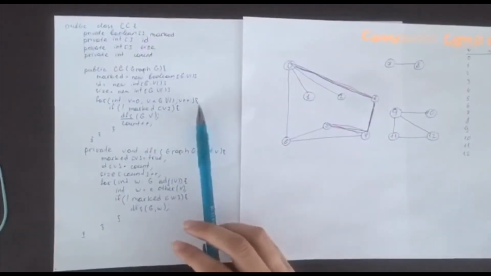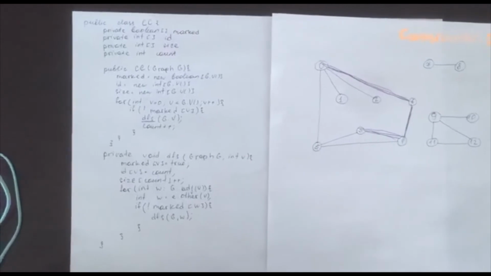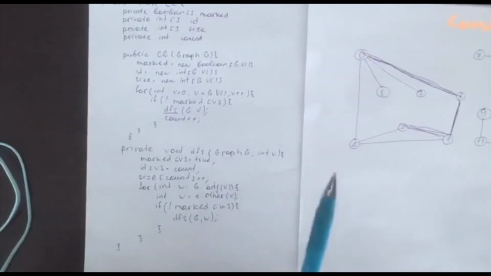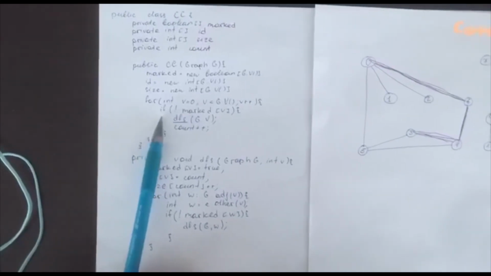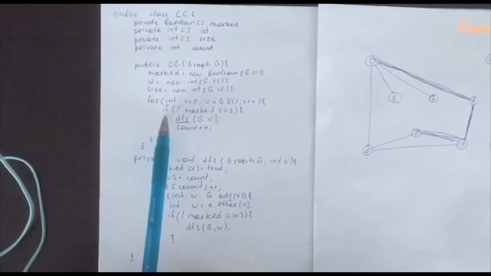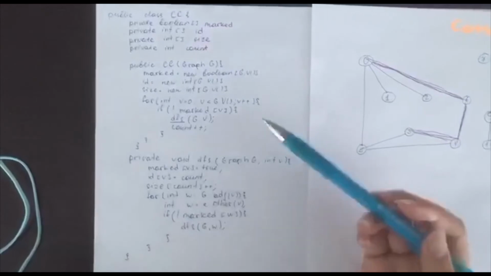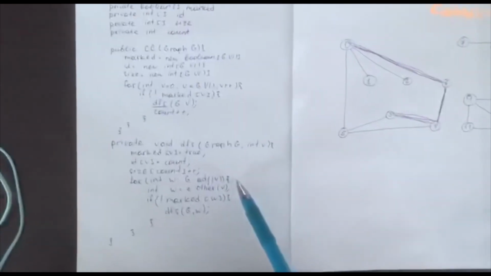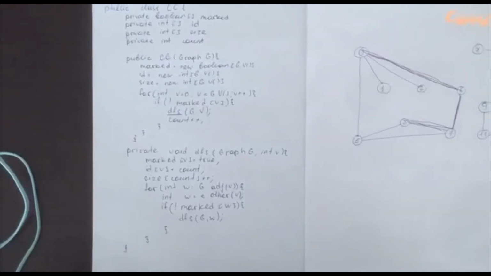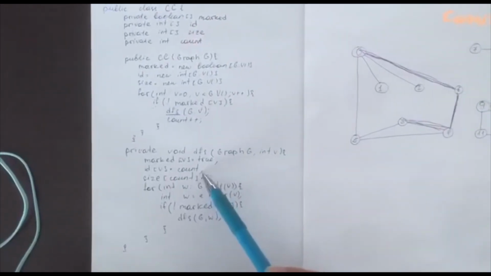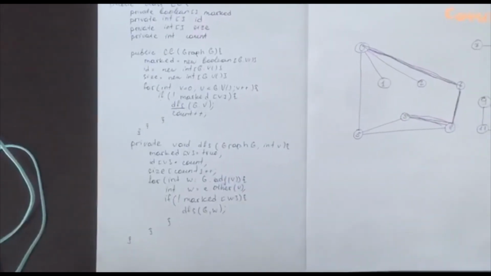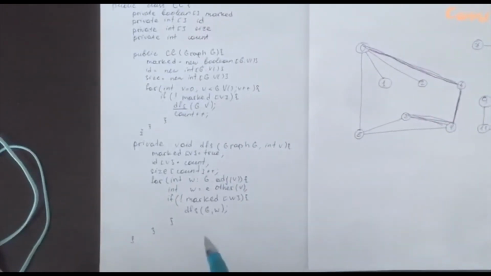After that we open a for loop, and we go through all vertices, and here we check whether it is marked or not. If it's not marked, we are going to DFS. It's a typical DFS, but here we add ID with a count and size.